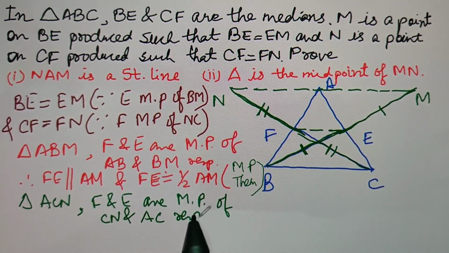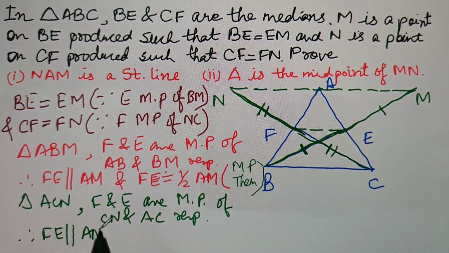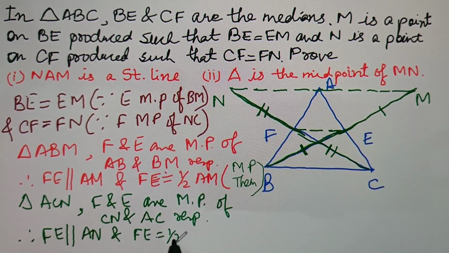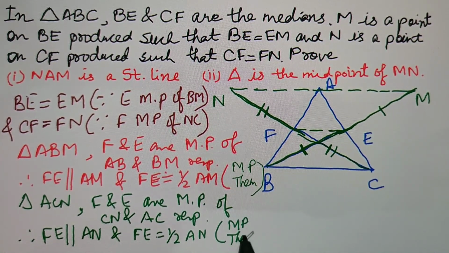Now what can we conclude from this? We can conclude that FE is parallel to AN and FE is half of AN, and that is again by the midpoint theorem.